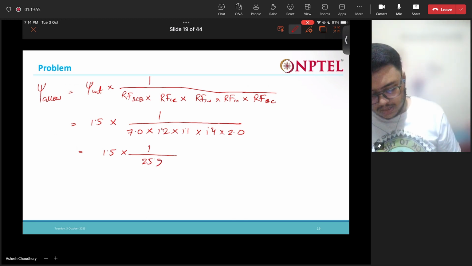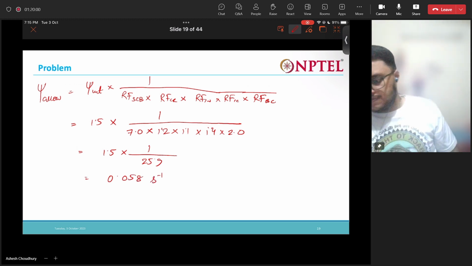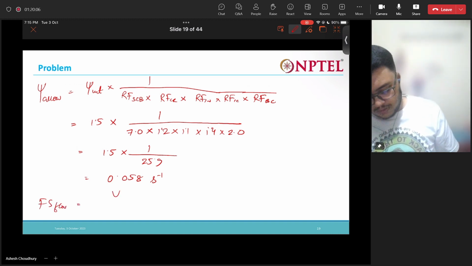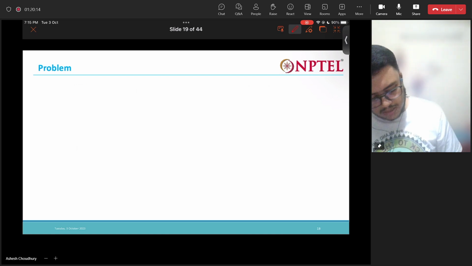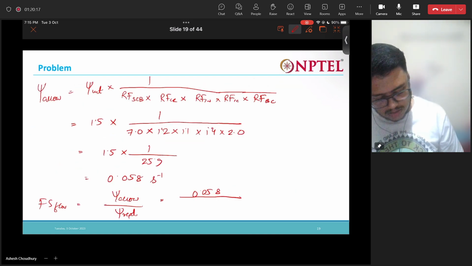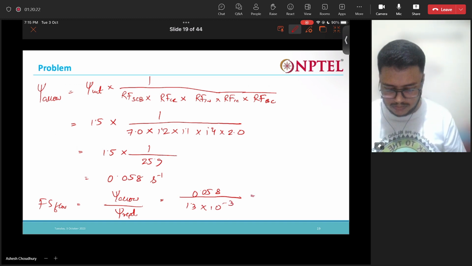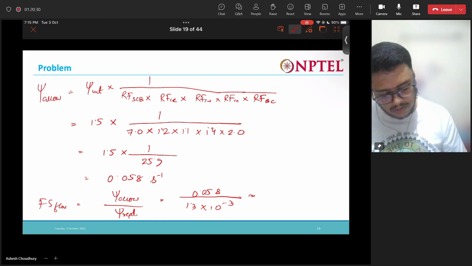This will come out as the factor of safety for flow: allowable over required, so 0.058 divided by 1.3 into 10 to the power minus 3, which is approximately 45. So accepted.